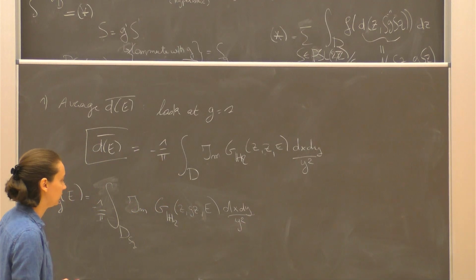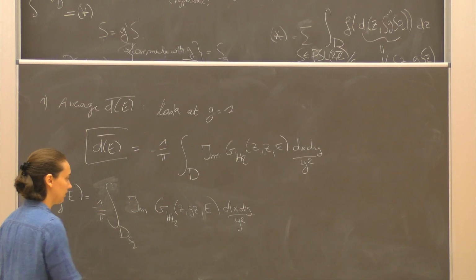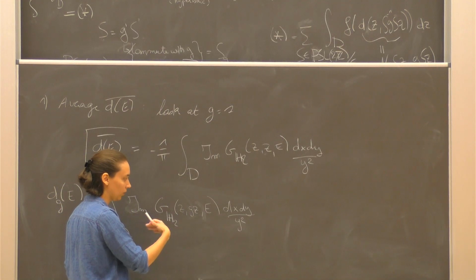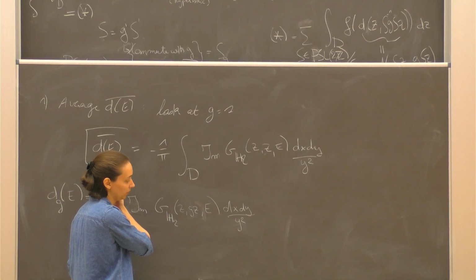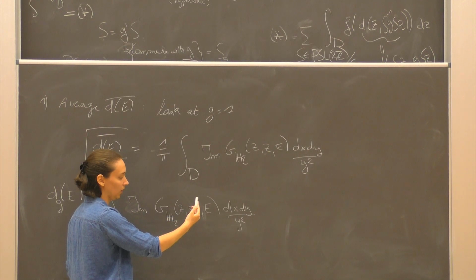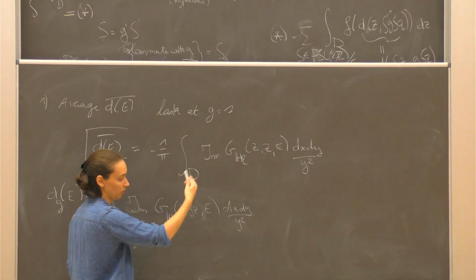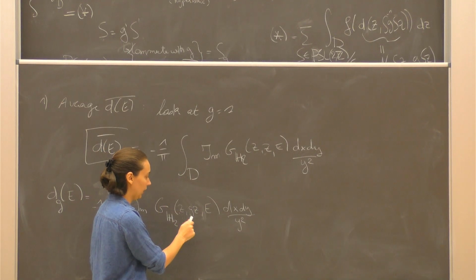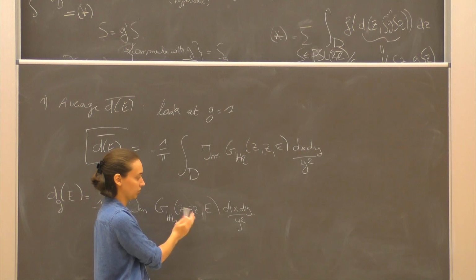And to make things a bit easier, because this G here is invariant under any of the fractional linear transformations, if we move the two arguments, precisely because it's only a function of the distance, right?